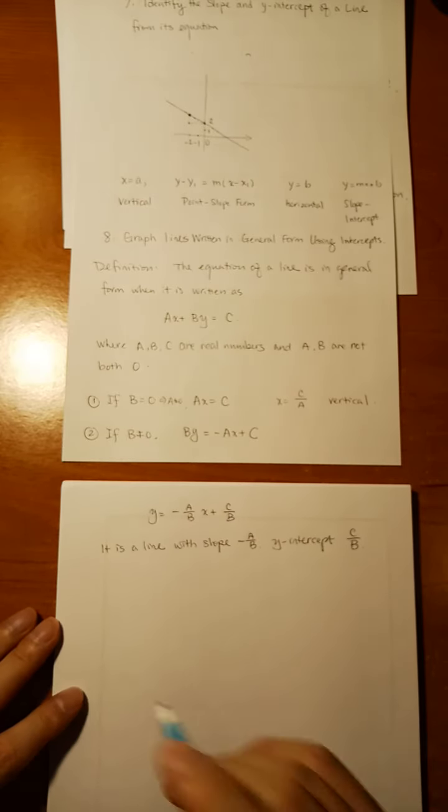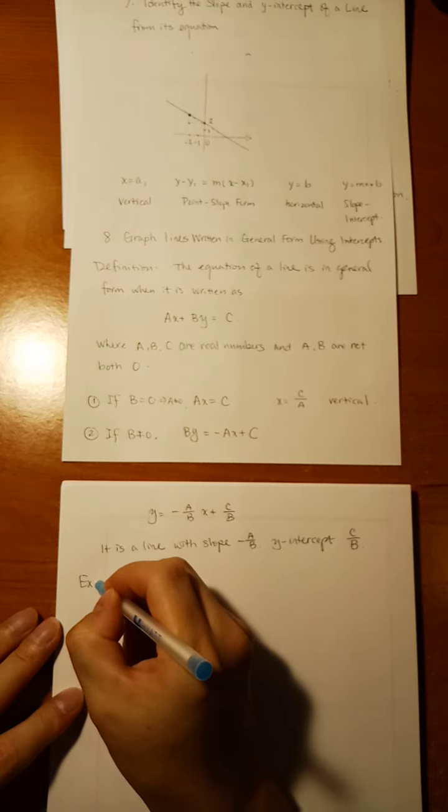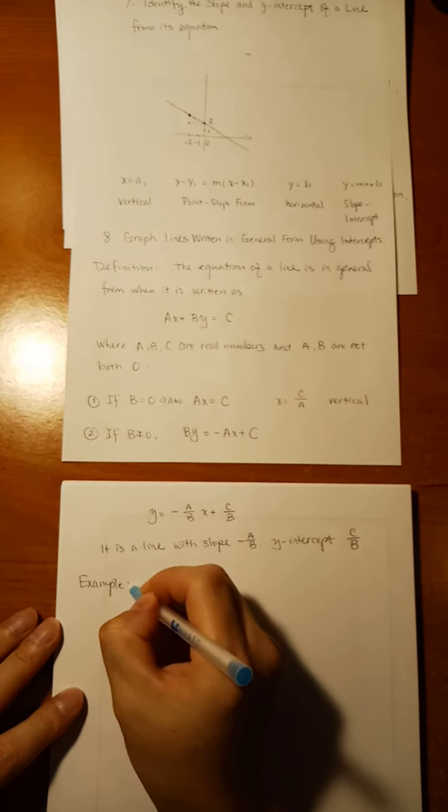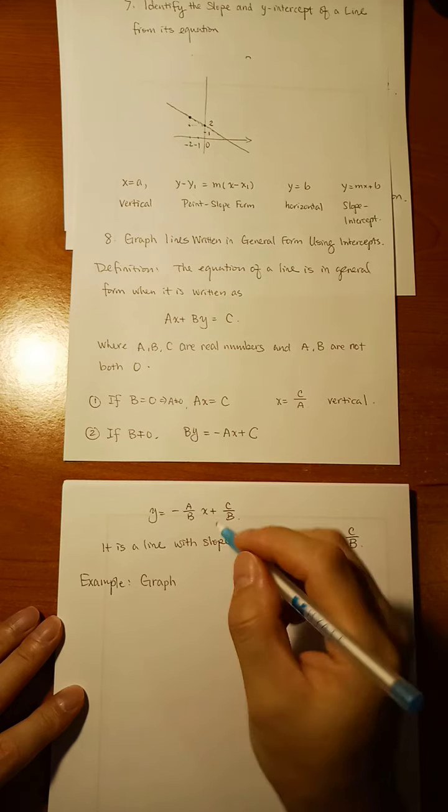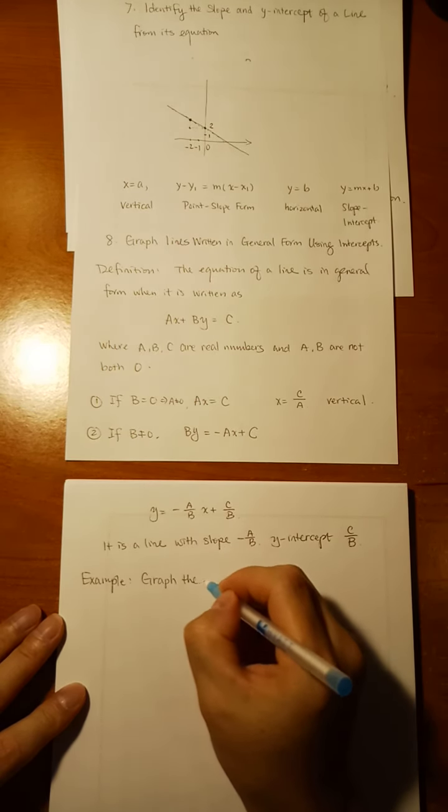Okay. Let's do the example. Graph the equation 2x plus 4y equal to 8 by finding its intercepts.